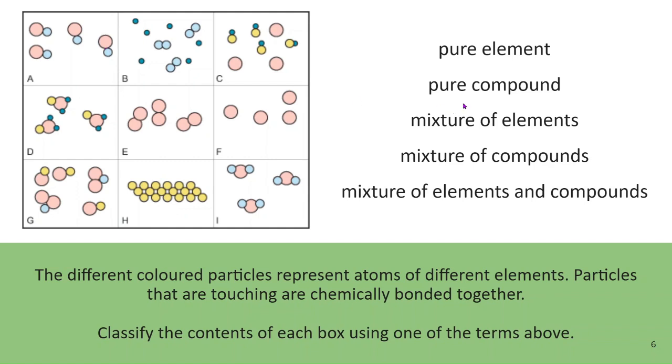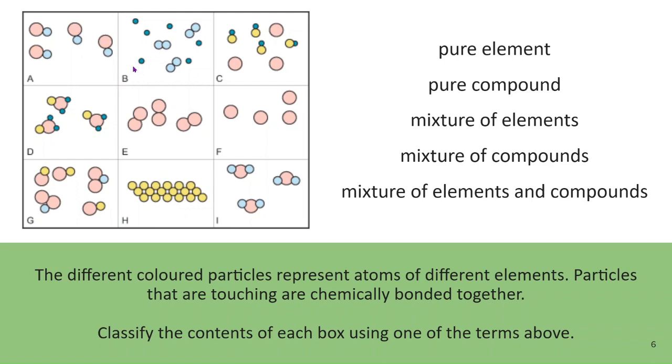So the correct answer for this is a pure compound. It is a compound because it's combining things, right? Instead of just one element, there are multiple different elements, and they are bonded together. So that's what makes it a compound.